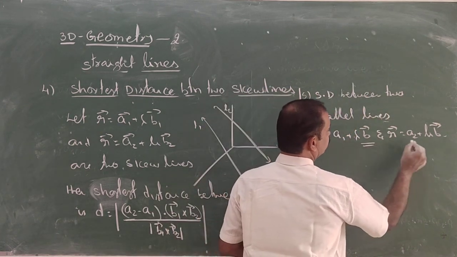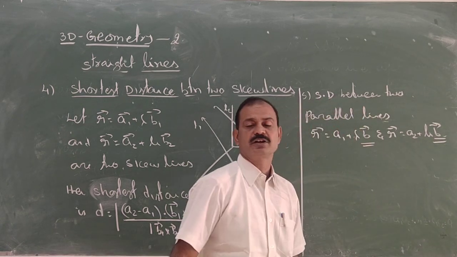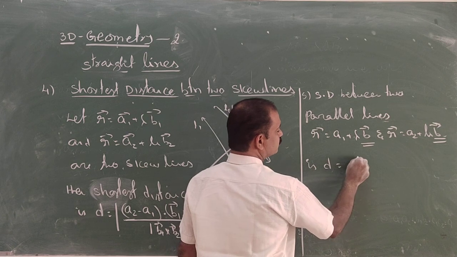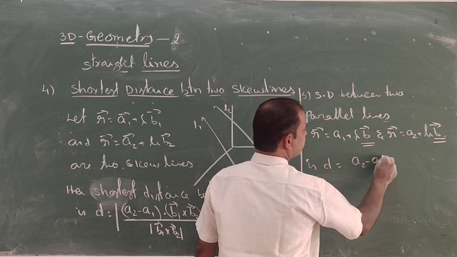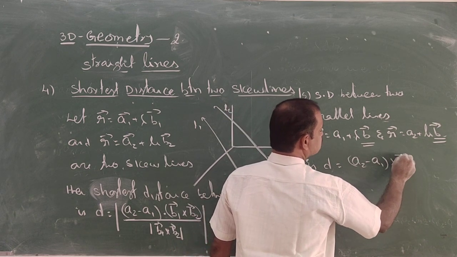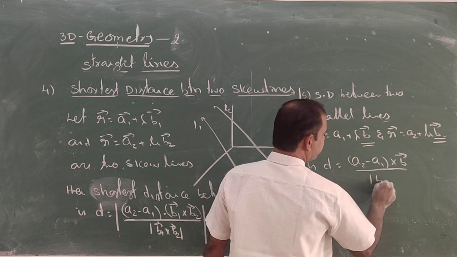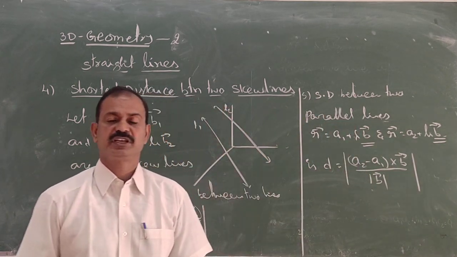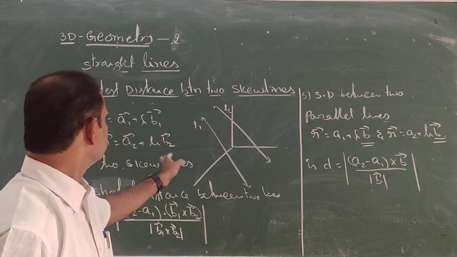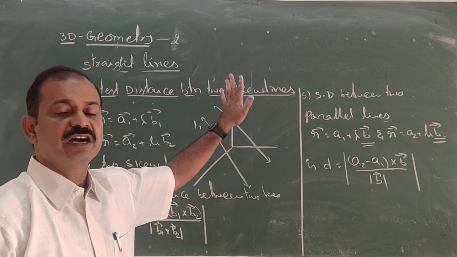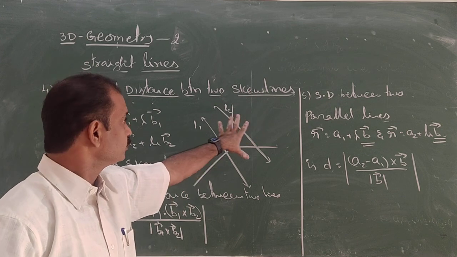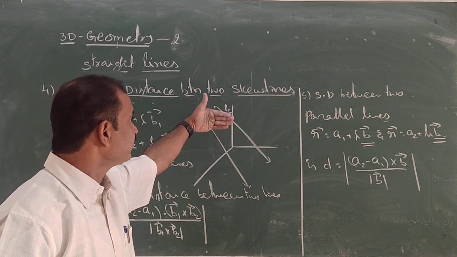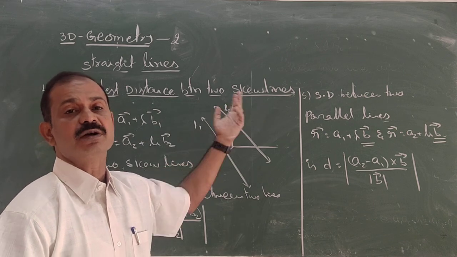Then D is equal to the magnitude of (a2 minus a1) cross b divided by the magnitude of b. Since distance is positive, we take the modulus. So these are the 5 concepts under the straight line. Try to understand all this, then in the next video we go for the problems.